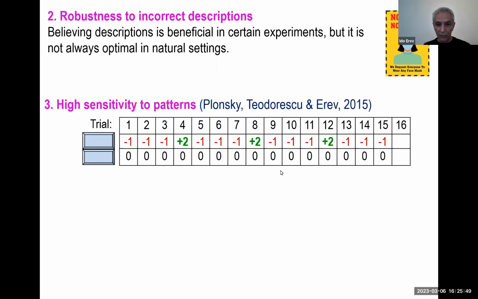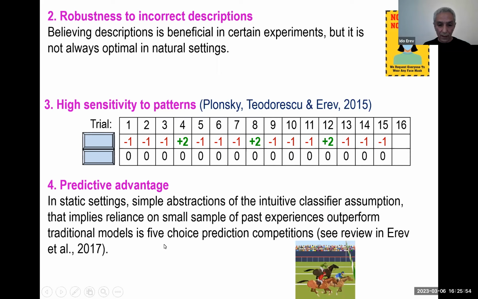Let me show you now a fourth advantage. Carlos mentioned that my co-author and I organized four different choice prediction competitions. Our competitions focused on different choice tasks, including decision under risk. One thing is common to all the competitions that we ran: when people can rely on feedback, the winning models in all these competitions assumed reliance on small samples of past experiences.